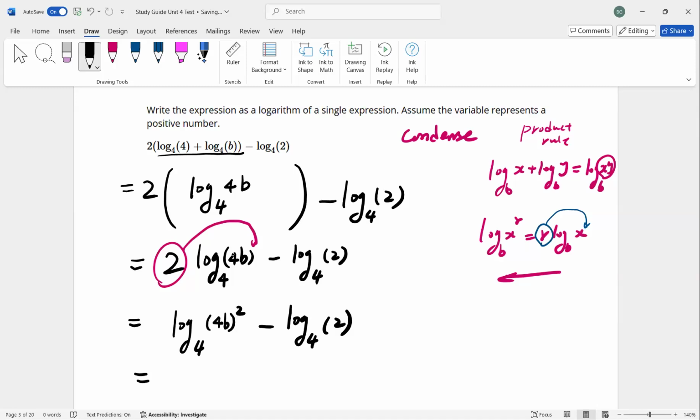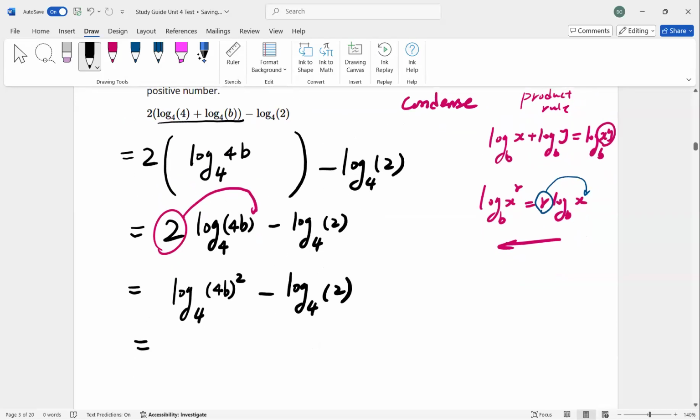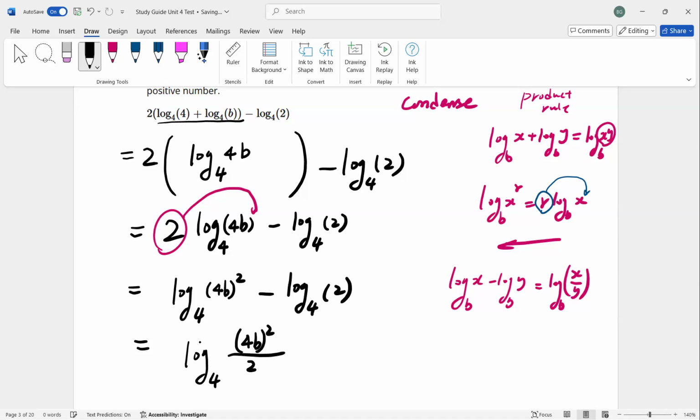Now we are looking at a difference of 2 logs with the same base. So we're going to use the quotient rule. We actually use all 3 rules for this problem. Log with base b of x minus log with base b of y equals log with base b of x over y. We keep the base 4. The argument of the single logarithm is a quotient with numerator 4b to the power of 2 and denominator 2.